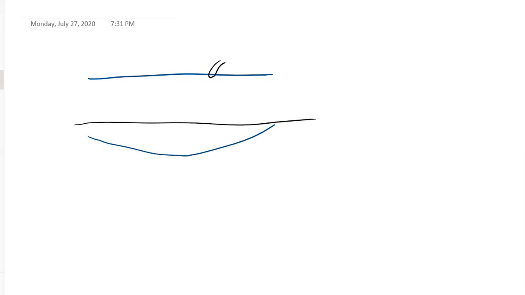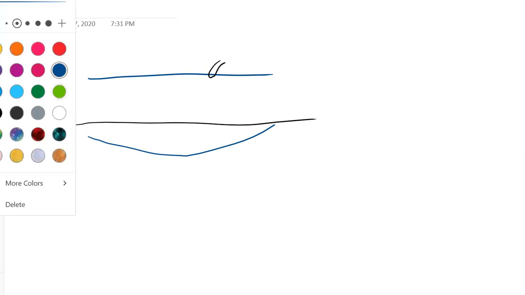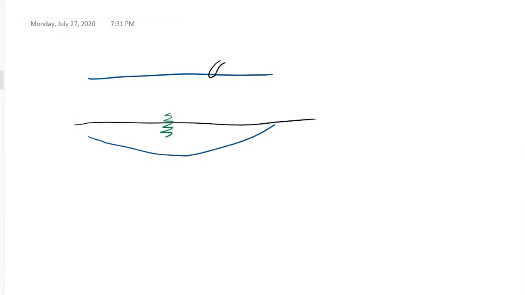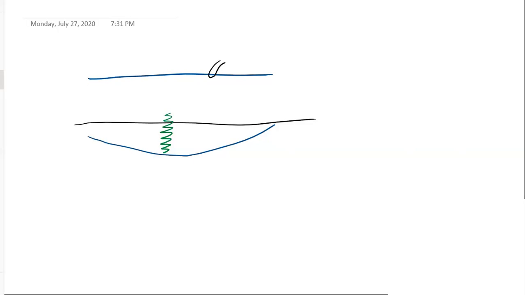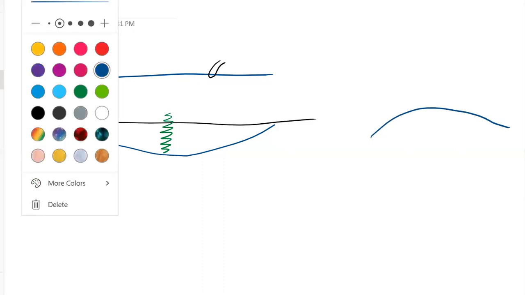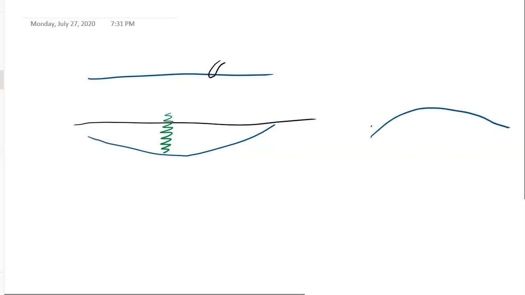And the string is going to be vibrating above and below this equilibrium state where it's not moving at all. This is how the string might look at one particular point in time. At another point in time, it might look something like this, above the equilibrium position, or its initial state.